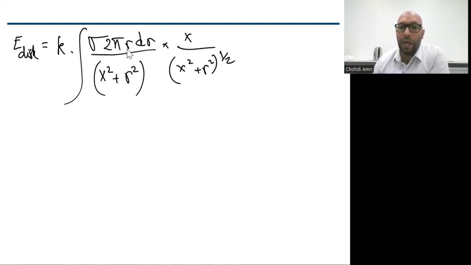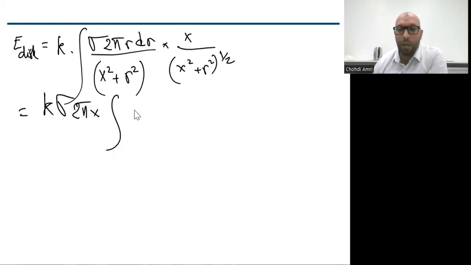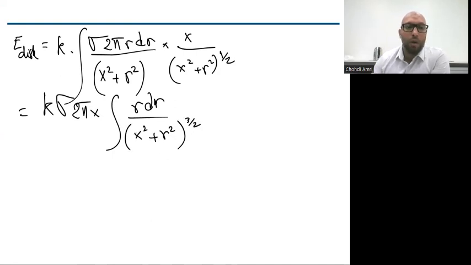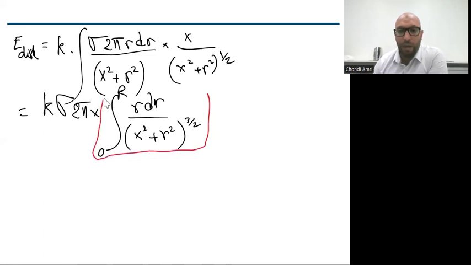Our variable is r, so anything else than r will be considered as constant. So we can write k sigma 2 pi x multiplied by r dr over x squared plus r squared power 3 over 2. Very good. This r can vary from where to where? It can vary from 0 to the radius of the disk.